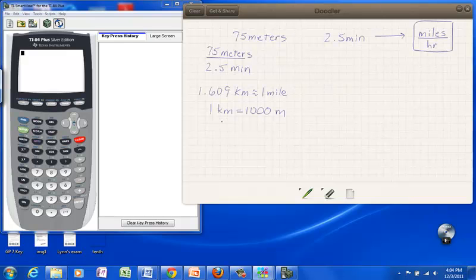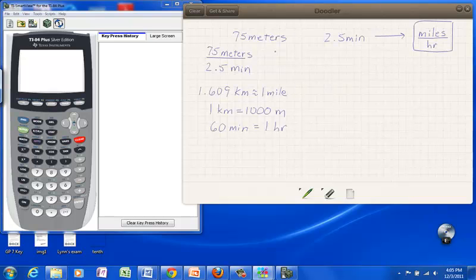So I found in the metric to metric session that 1 kilometer is equal to 1,000 meters. Now I also have to convert my time. I have minutes to start with, and I want to get to hours. There is a time conversions that will tell you what that is, or you might already know this one. There are 60 minutes in 1 hour.